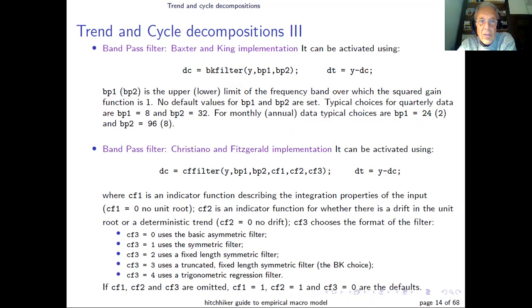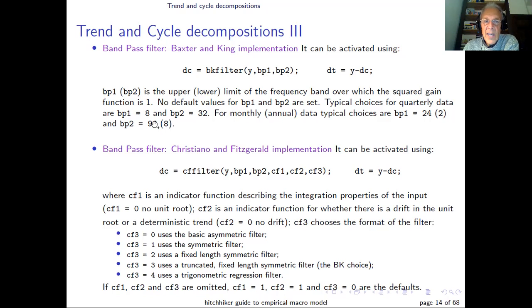The next two are bandpass filters, and there are two different implementations. First, the truncated bandpass filter of Baxter and King, which is activated with the command BK filter. Y is the data. BP1 is the lower limit of the frequency band, and BP2 is the upper limit of the frequency band.